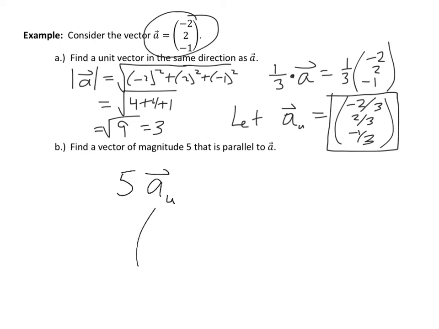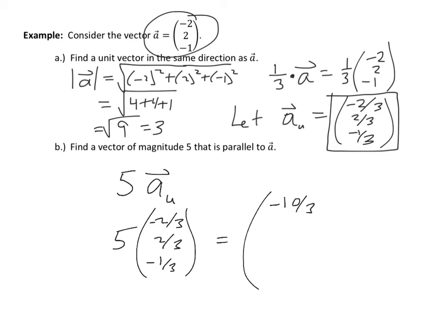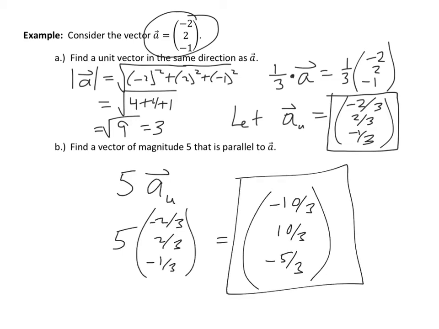So I take negative 2/3, 2/3, negative 1/3, and multiply by 5. That gets me negative 10/3, 10/3, and negative 5/3. And there it is. This vector has a magnitude of 5, and it's in the same direction as A.